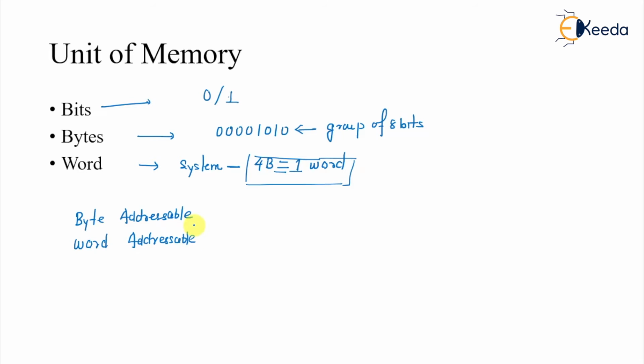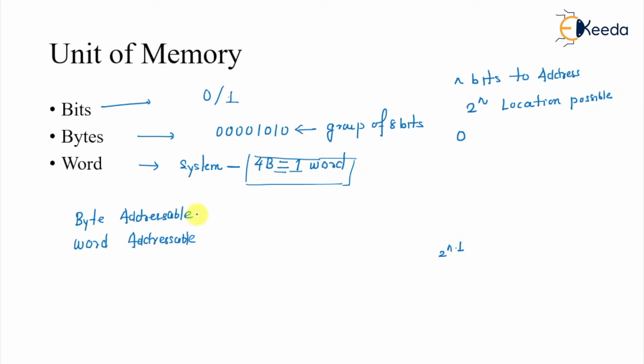What we have already seen is that if there are n bits to address, then there are 2 to the power n locations possible, that is 0 to 2 to the power n minus 1.